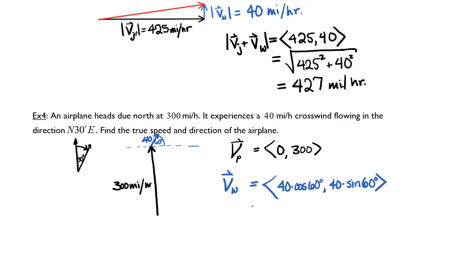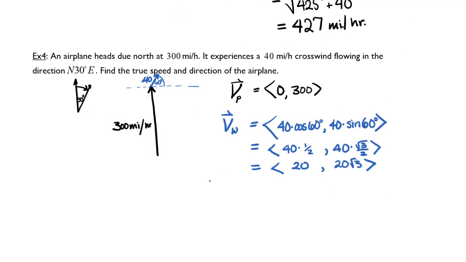If I want to simplify this further, the components of this will be 40 times 1/2 and 40 times root 3 over 2, which will simplify even further to 20, comma, 20 root 3.